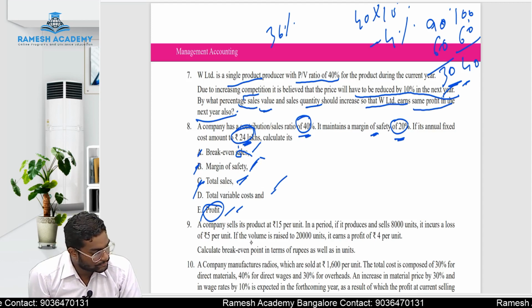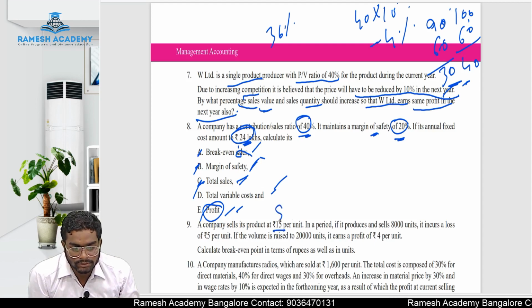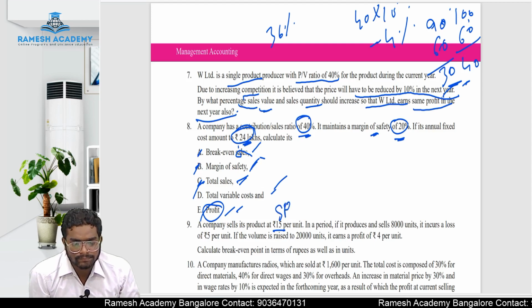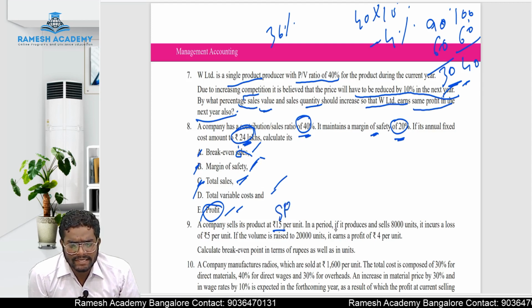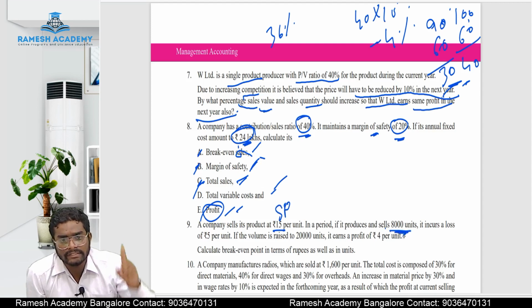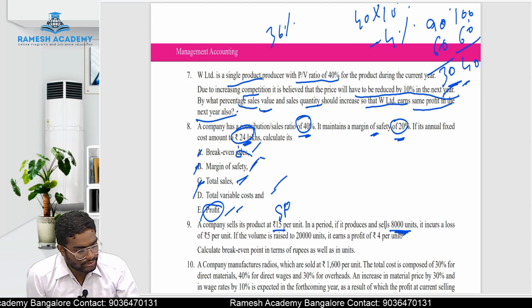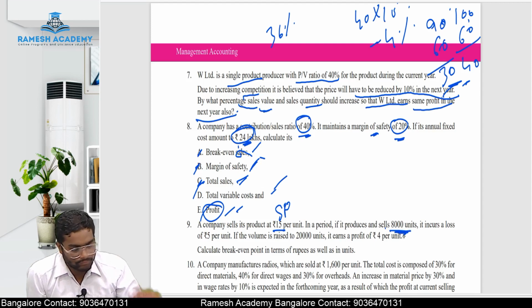9th question. A company sells its product at 15, which means this is my selling price. Next, in a period, it produces and sells 8,000 units. Please be careful, they are selling 8,000 units. So my sales is 8,000 into 15, which means 1,20,000.